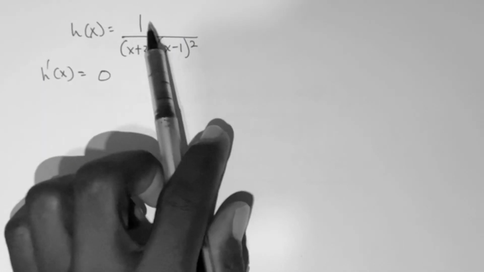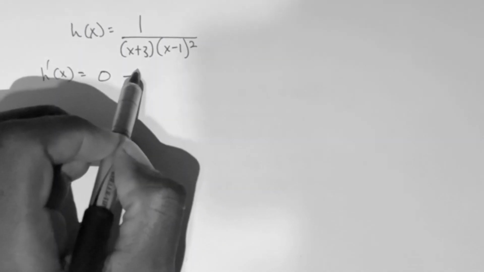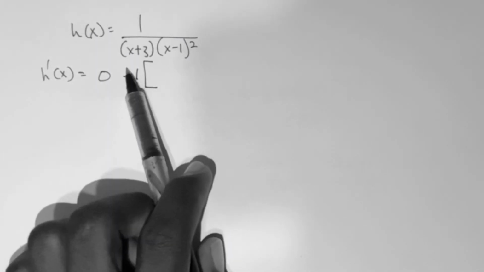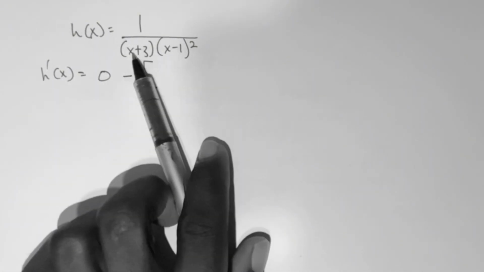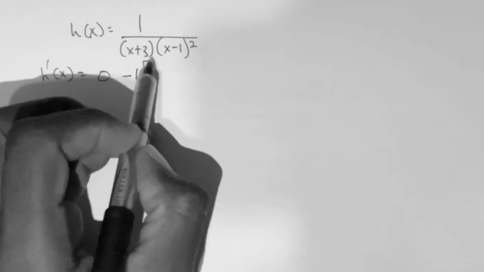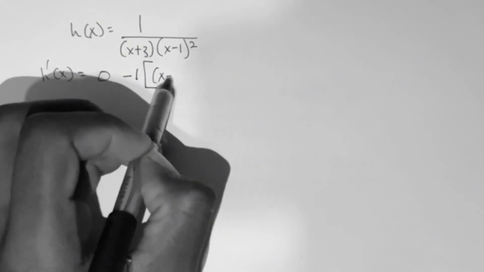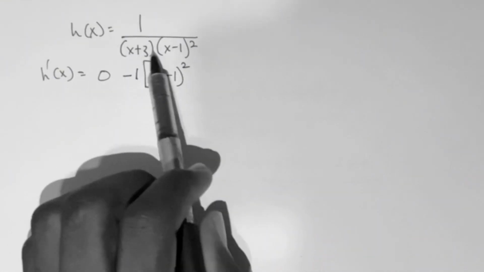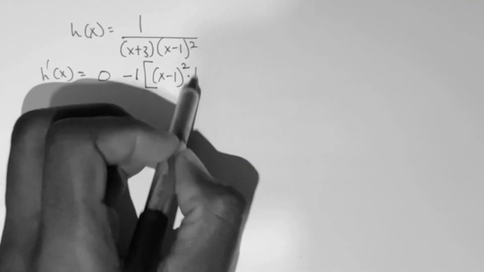So we maintain the denominator and differentiate the numerator. If we do that, we will get 0, because if you differentiate 1 it is 0. Then minus, you keep the numerator, then you differentiate the denominator. But this is a product of two functions, so you keep x minus 1 exponent 2 constant. Then you differentiate x plus 3. If you do that, you get 1.